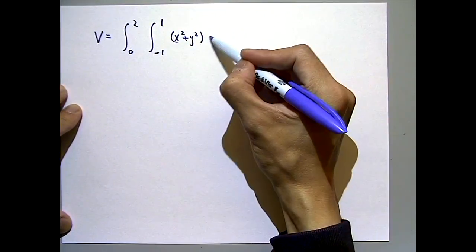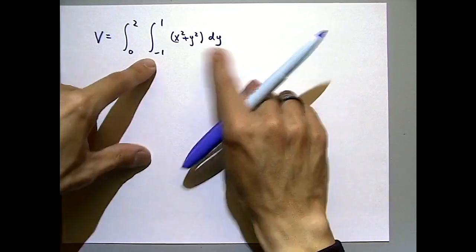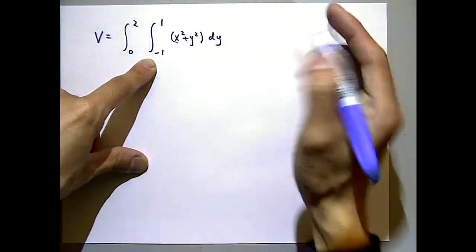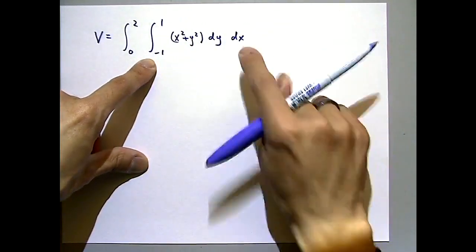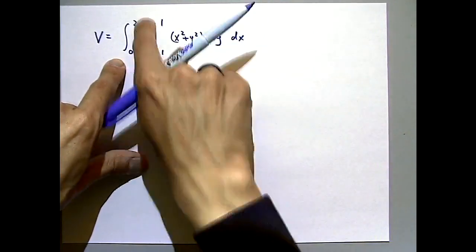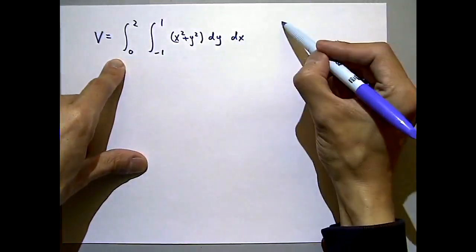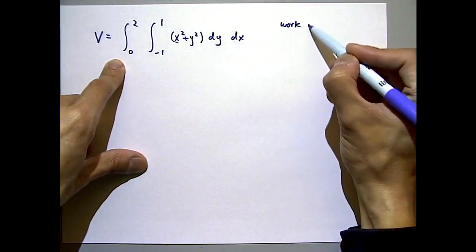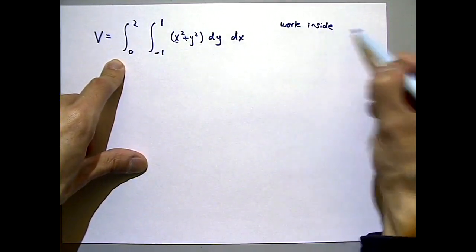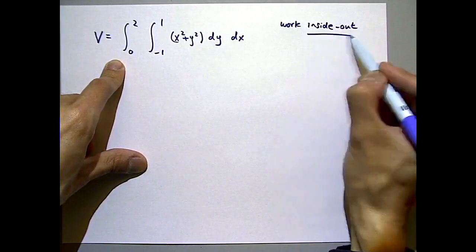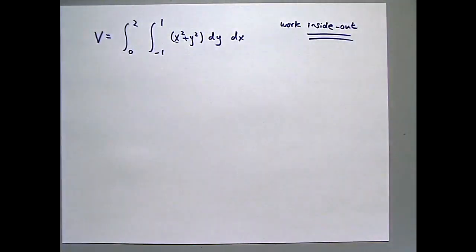And then first we run over y from -1 to 1. And then we do the x, because x goes from 0 to 2. The way you handle this, you integrate these things one at a time, inside out, from the innermost integration first.